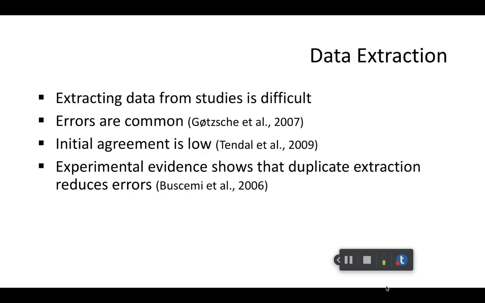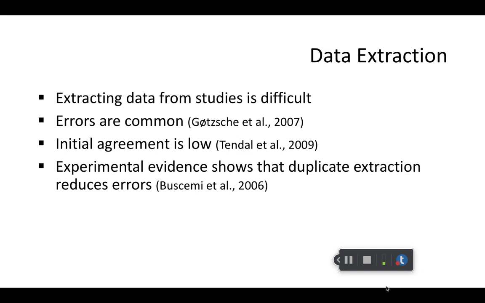Next, when we extract data from studies, this is a very difficult process. It's hard to know what some researchers are reporting, and empirical evidence shows that errors in extracting data from studies are very common, that initial agreement about what a research report says is low. When you're comparing observations from two trained observers, experts reading the same report, they tend to disagree on what the report says.